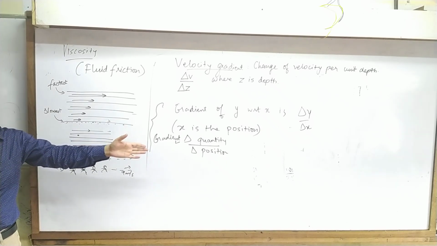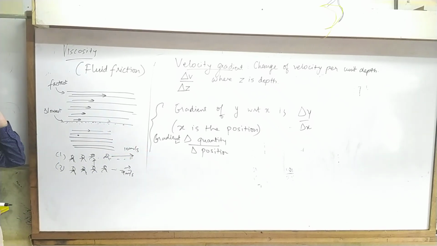Absolutely clear? This happens not just in rivers actually, it could happen in pipes also, or canals for example. When water flows in a canal, the upper layer would be fast and the lowermost would be slowest. Why is that the case?